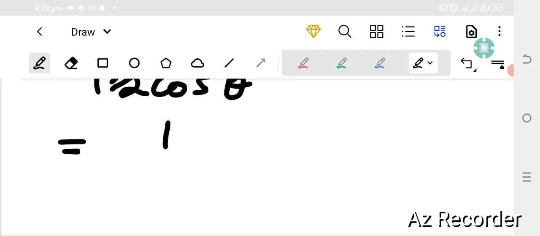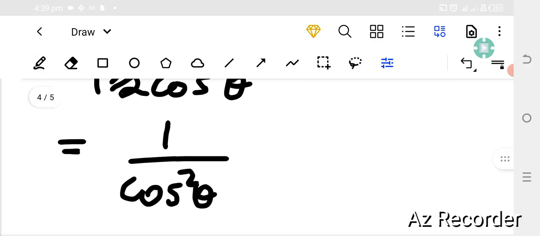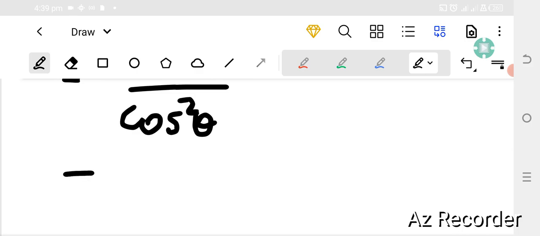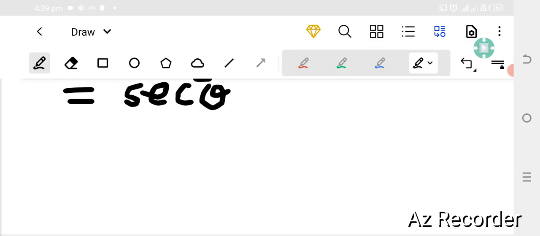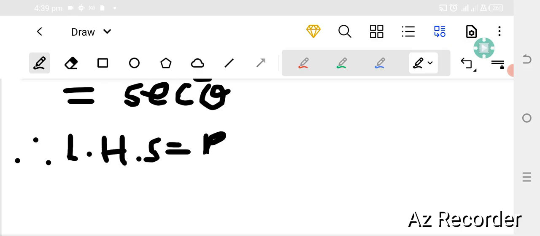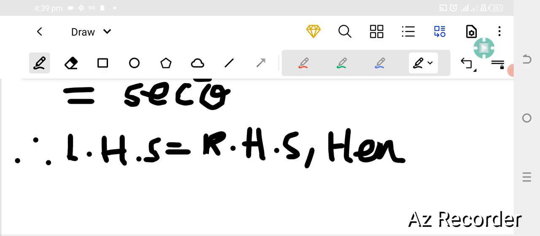So it's going to be 1 divided by cos theta squared, which we'll say is equal to sec theta squared. And that is the right hand side. Then we'll conclude therefore left hand side is equal to right hand side. Hence proven.